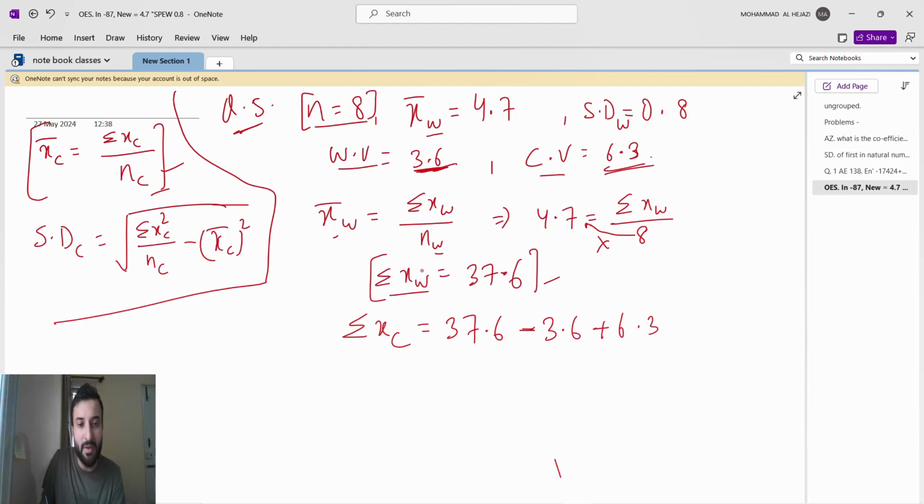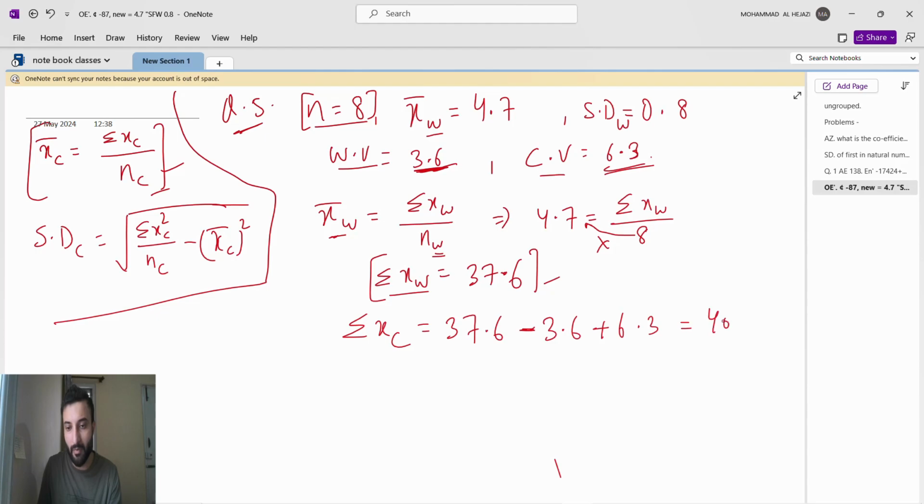Because mean is given, wrong n is given. From here we will substitute, we will get the wrong sum of all the observation. Then we remove the wrong value and add the correct value. So like this, every time guys, we will get the correct sum of all the observation. 37.6 minus 3.6 plus 6.3, 40.3.